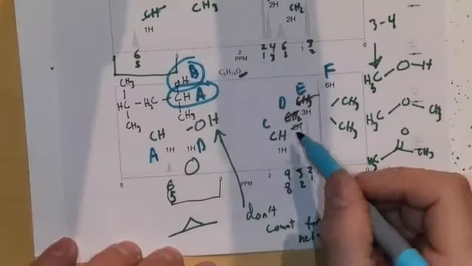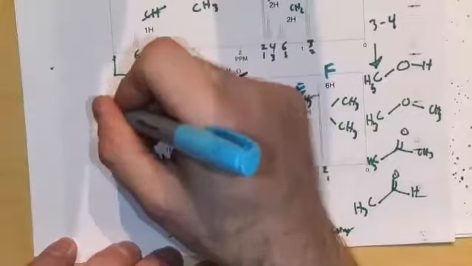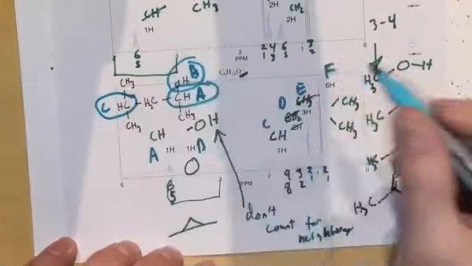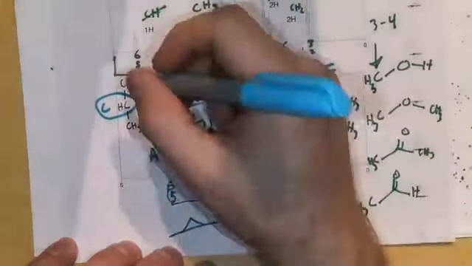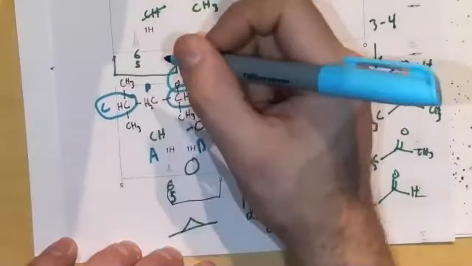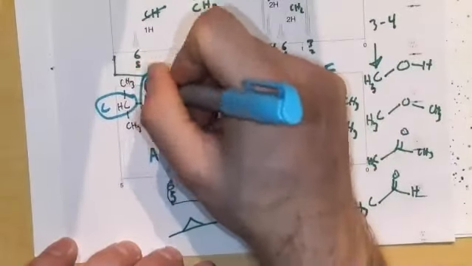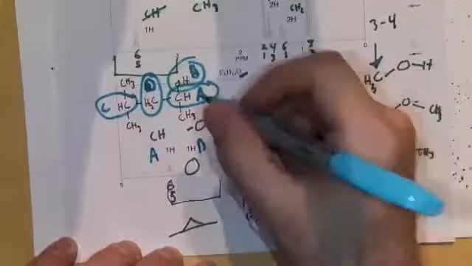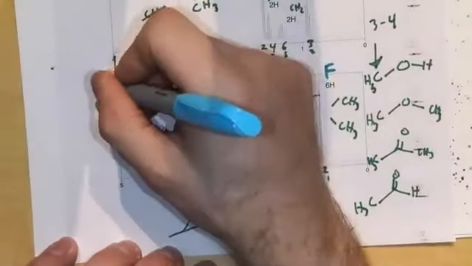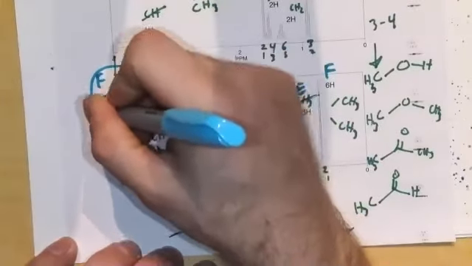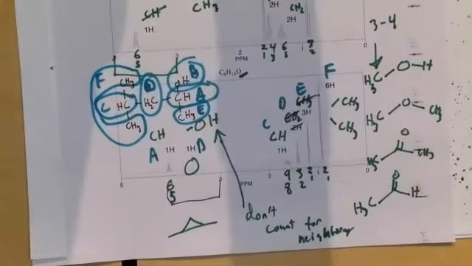C is going to be our other CH here. D is our CH2. E is our CH3. And then F would be our 2 symmetrical CH3s here.